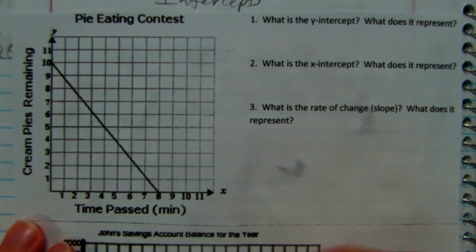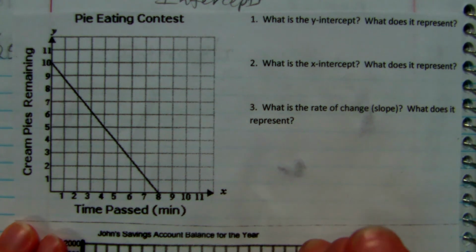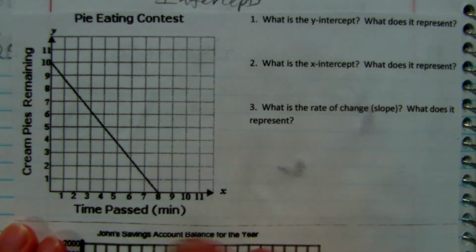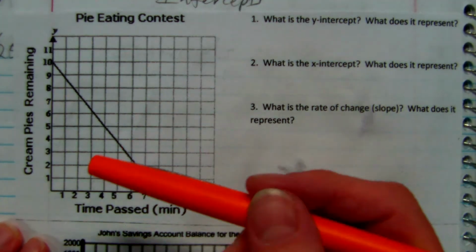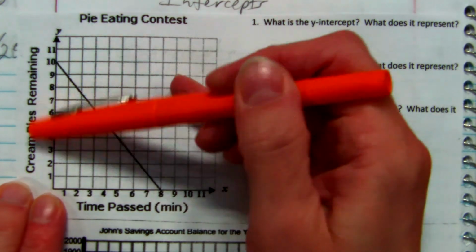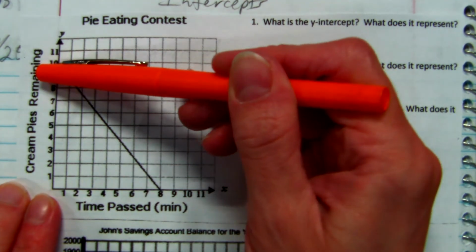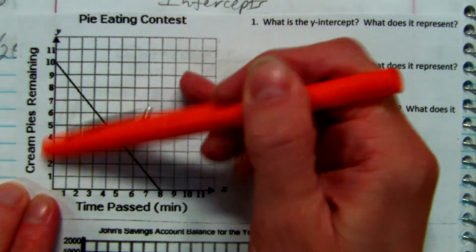I don't know if you guys have ever watched a pie eating contest. It's really gross. People eat and eat until they get sick, and they try to see who can eat the most pies. It's interesting. If we look over here on the left side, it says cream pies remaining. So we know that that's our dependent variable because it's on the y-axis.